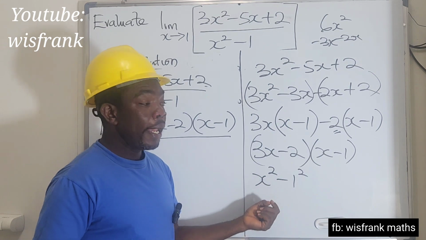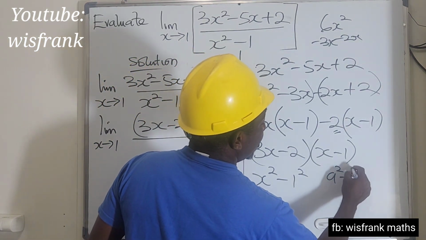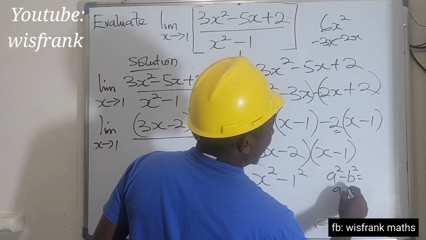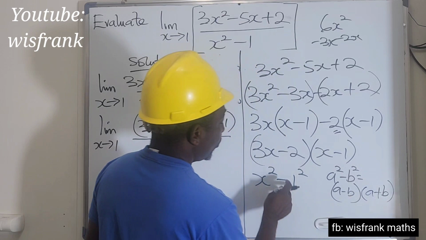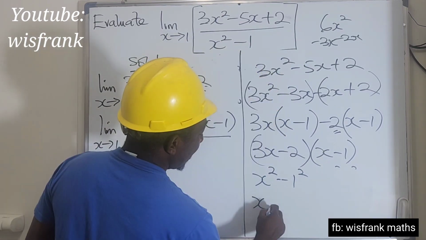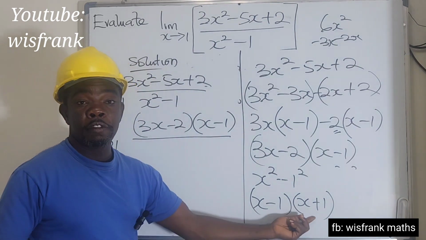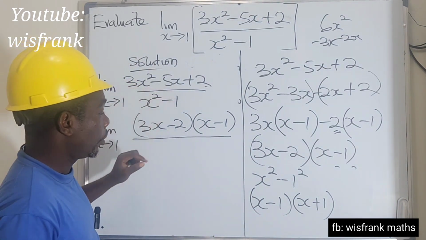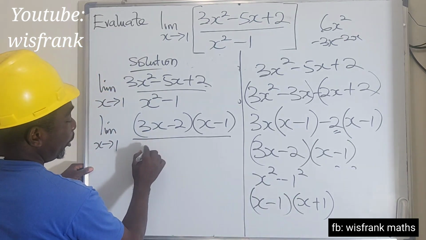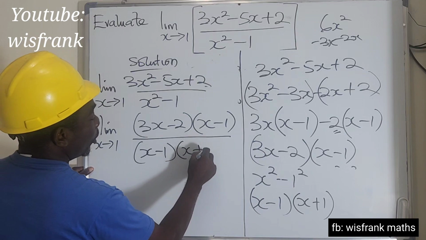We recall that a squared minus b squared is the same thing as a minus b into a plus b. So this becomes x minus 1 into x plus 1, and we substitute this for x squared minus 1 in the denominator.